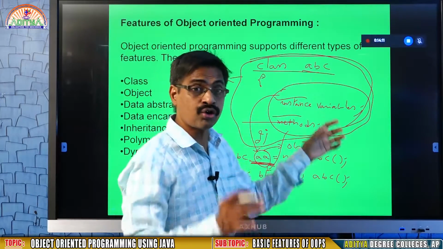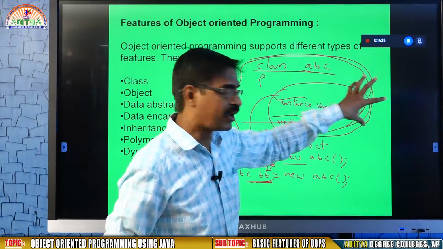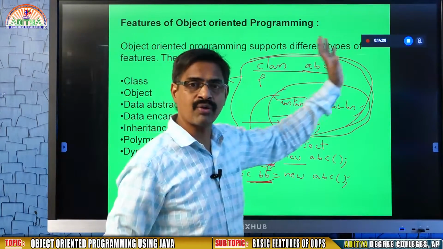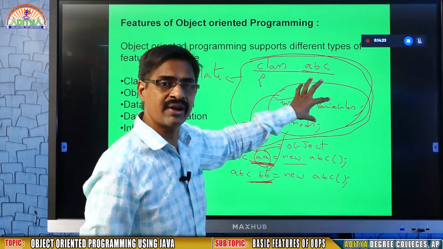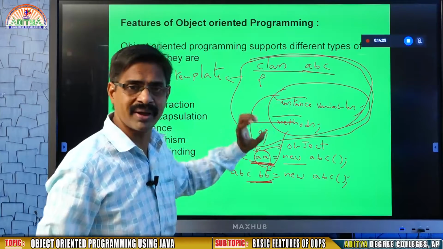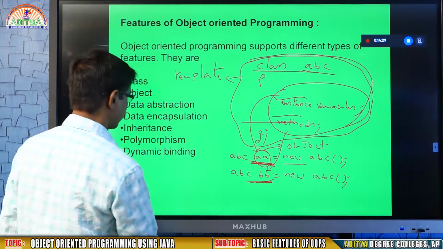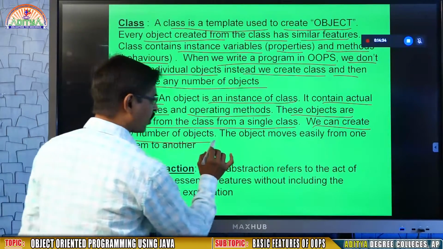This content changes from problem to problem. For temperature conversion, the instance variables and methods will be different, so we create one class for that operation. For the sum of two numbers, you need to create another class with other instance variables and methods. From that class you create other objects. We can create any number of objects.